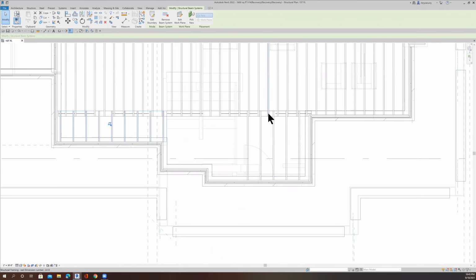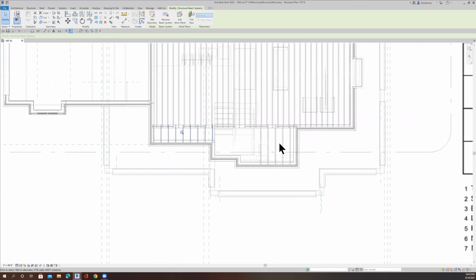if I can grab this structure again here. Whoops, I almost had it. Difficult to grab it. Sometimes I have to go to a section to do that. I was able to get that one. These are 2x10s. Okay, and they're 16 inches on center. Okay, so we're pretty good there.